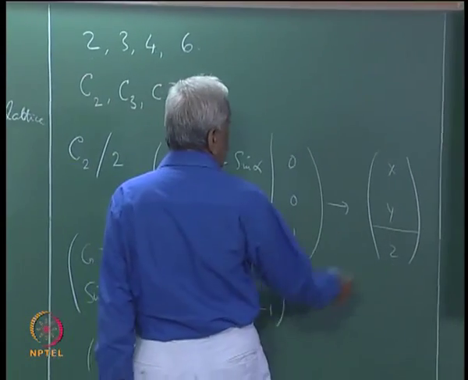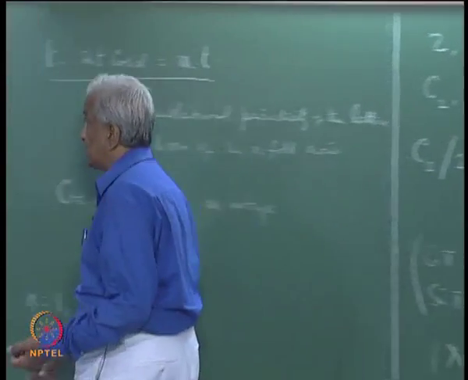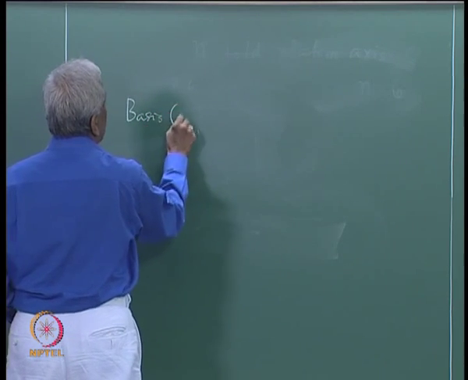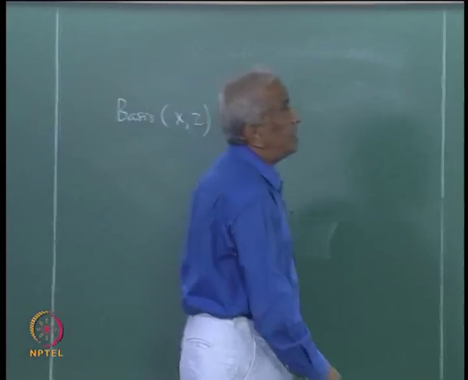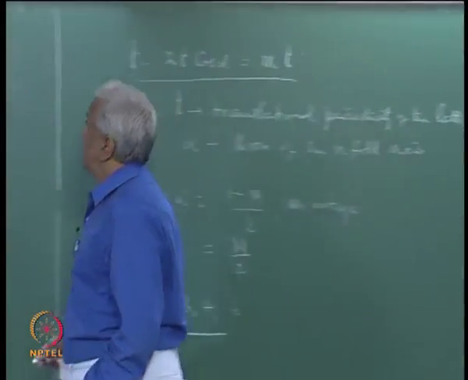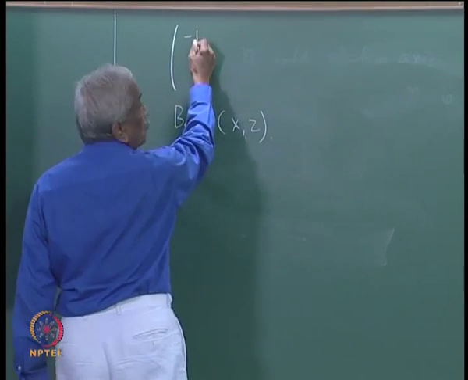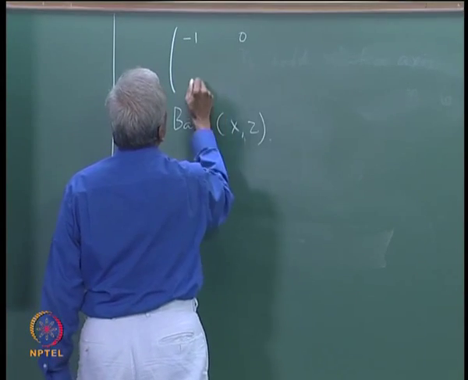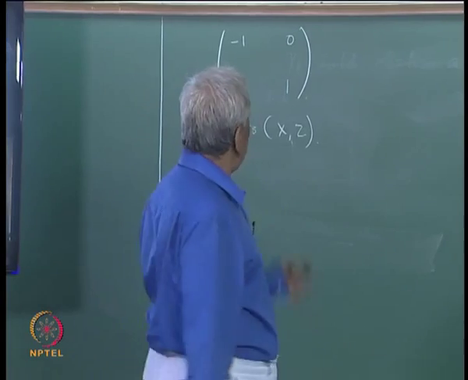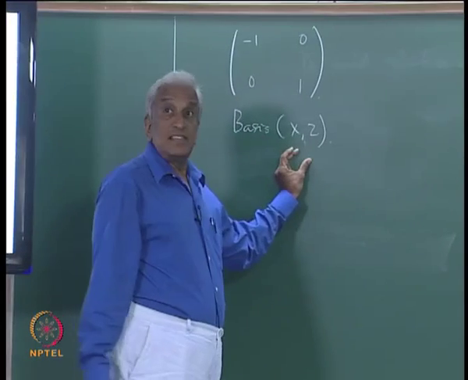Of course, one can choose y z or x z as the basis. Suppose I choose x z as the basis, then the corresponding matrix is cos alpha, 1, 0, 0 for alpha equal to pi. So, the matrix representation is minus 1, 0, 0, 1. This is also an equally valid representation of the C2 axis if the basis adopted is x z.